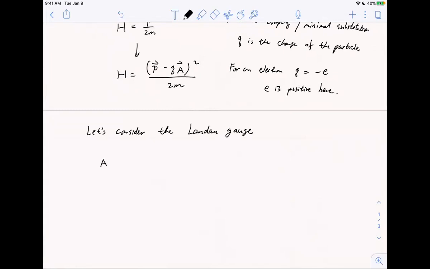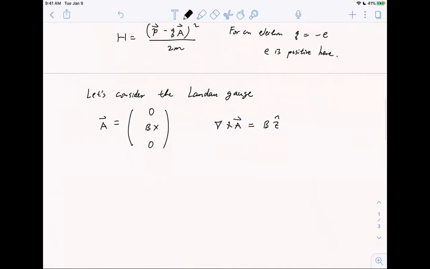So we are going to try this Landau gauge A = (0, Bx, 0). So you only have the y component here. From this, you can already get the result that if you take the curl of A, you will have B in z. You can easily verify. Let's just quickly verify it.